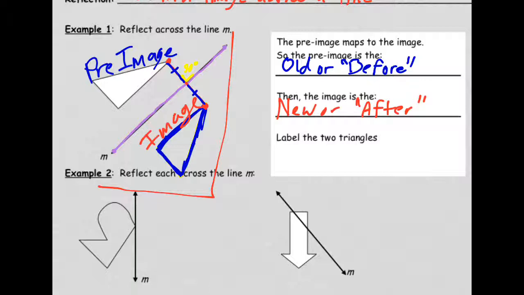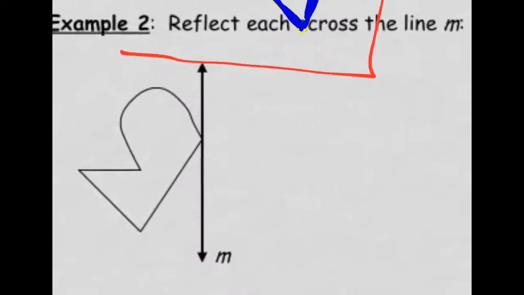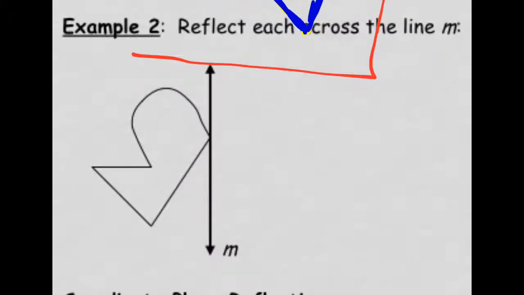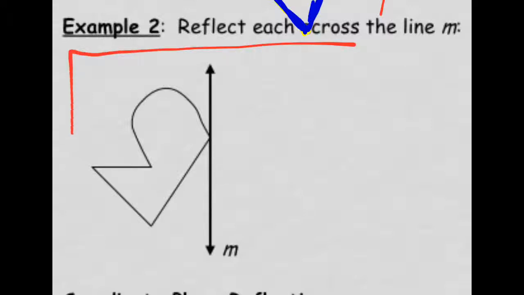All right. So let's take a look at example 2, reflected across the line M. I'm going to put my patty paper on that, another corner of that patty paper there. I'm going to trace my M, put little bullet points at the arrows, and then I'll trace my image.